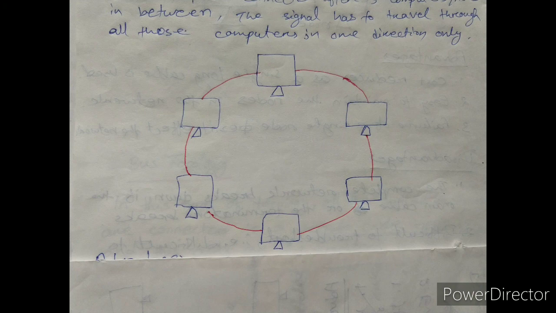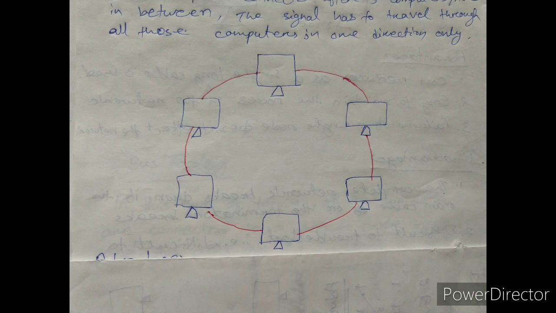Just like in a game where players are standing in a circle and the ball can only be passed to the person next to you, to your left. If you have to pass the ball to a person who is standing after 5 players, then the ball has to go through the hands of each and every player in between.